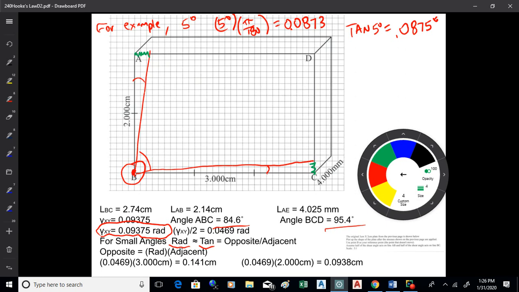So I'll take that half gamma, which is my radian measure, times 3 centimeters, and I'll get 0.141 centimeters. Then I'll take my half gamma times 2 centimeters, and I'll get 0.0938 centimeters. What that's going to equate to is this squiggly green line here. Those are the deltas that I'm going to have on either side on account of that angular deformation that's caused by the shear strain.